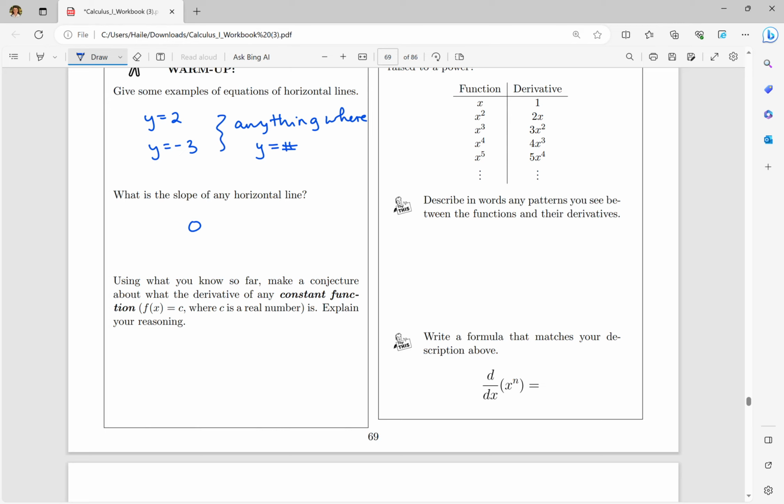Okay, so here's what we want to think about. We know that a constant function is f of x is equal to c, where c is a real number, but that's exactly what we just wrote above for a horizontal line. We know that the slope of a horizontal line is 0, and we also know that the derivative is equal to the slope of the tangent line.